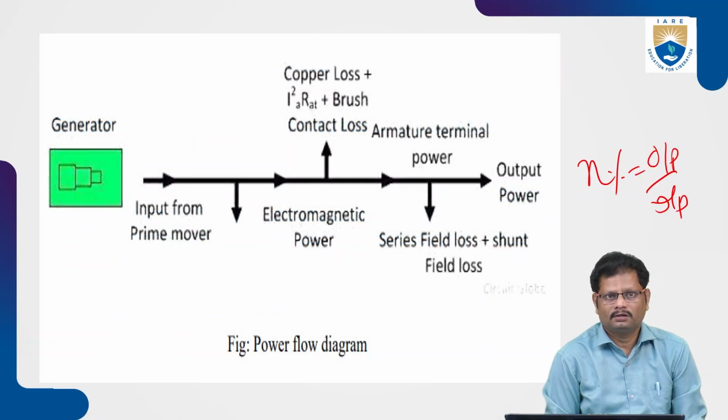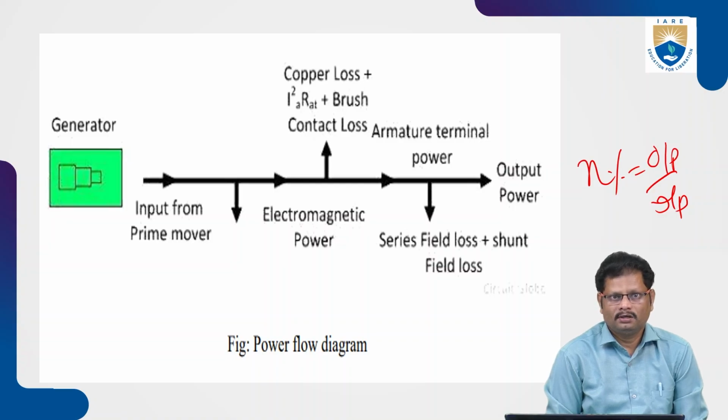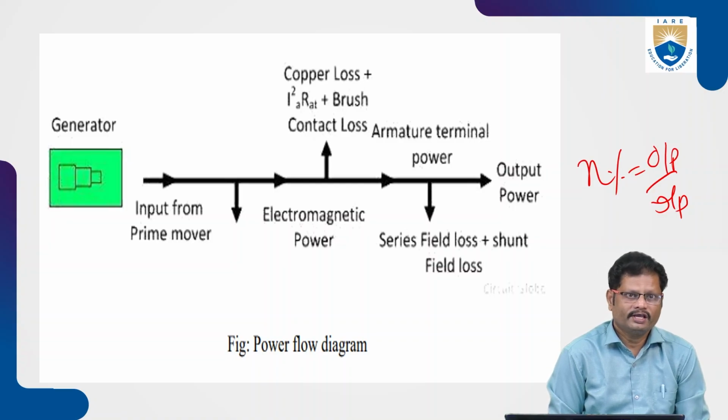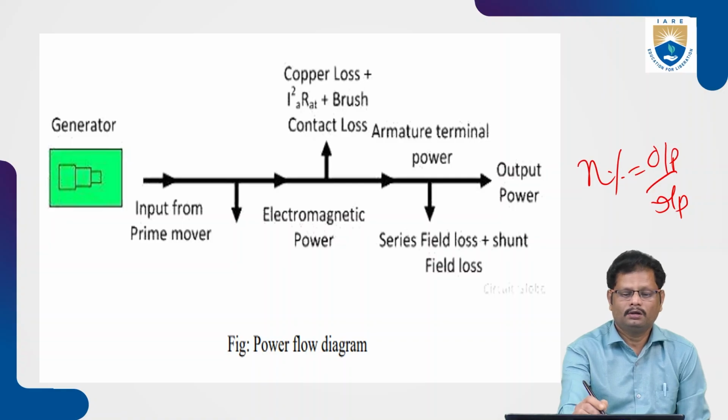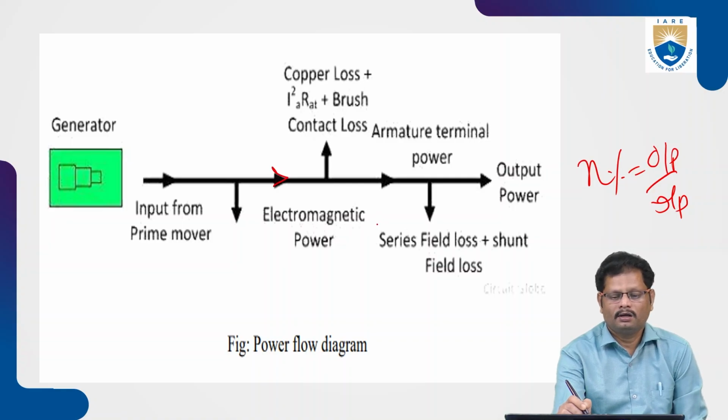So whenever we are considering a generator, we are giving input from a prime mover, and after the losses occurring, the available input at the shaft is the electromagnetic power.